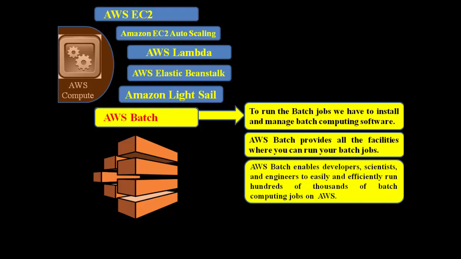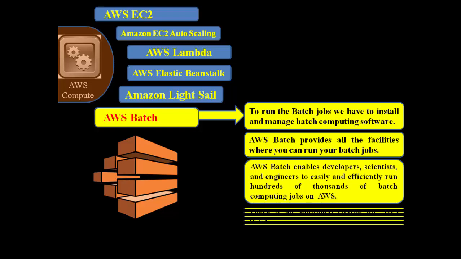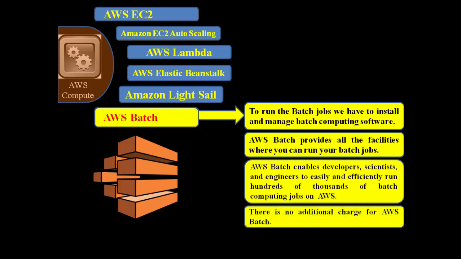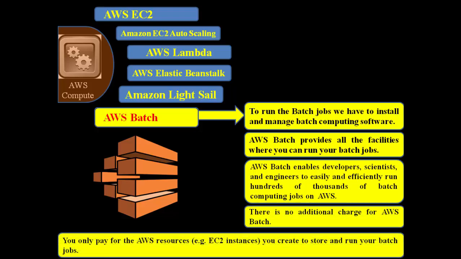AWS Batch enables developers, scientists, and engineers to easily and efficiently run hundreds of thousands of batch computing jobs on AWS. There is no additional charge for the AWS Batch. You only pay for the AWS resources such as AWS instances you create to store and run your batch jobs.